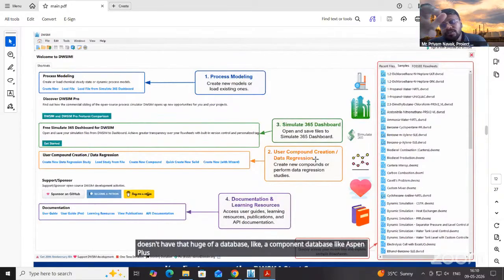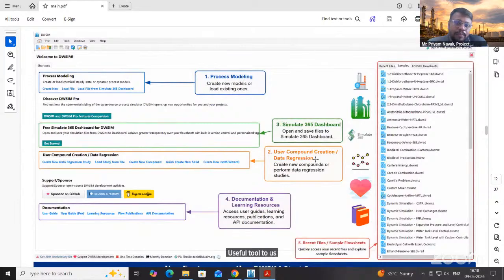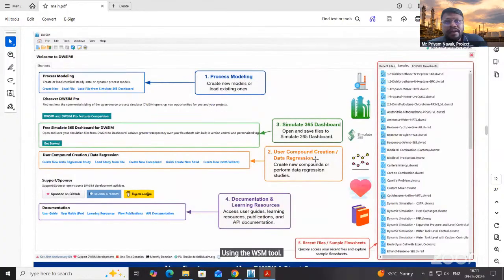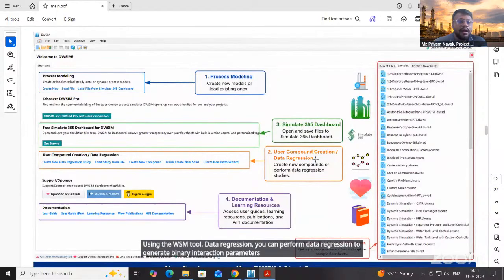But this user compound creation tool is again a very useful tool, where you can actually create the compound in DWSIM and then simulate them further if those compounds are not available in DWSIM by default. I'll give you a demo of this user compound creation tool also, as to how you can create a compound using DWSIM. Data regression: you can perform data regression to generate binary interaction parameters in DWSIM.